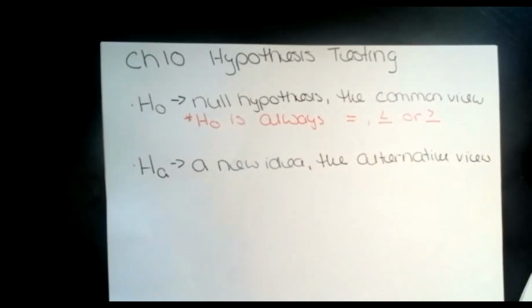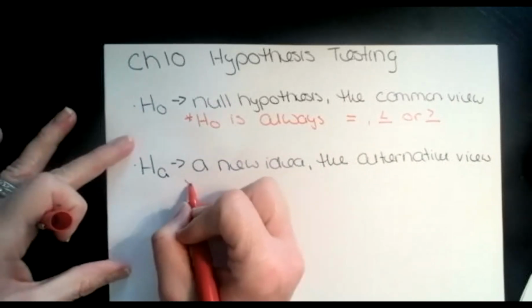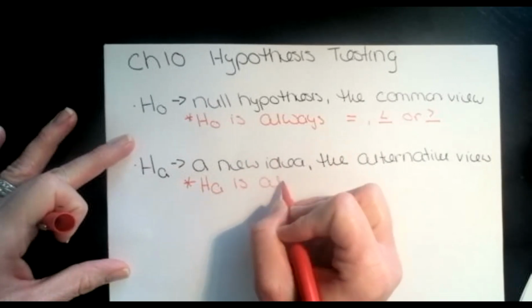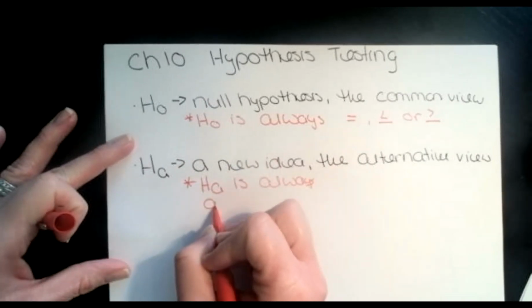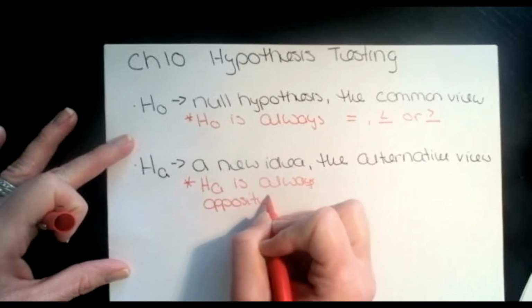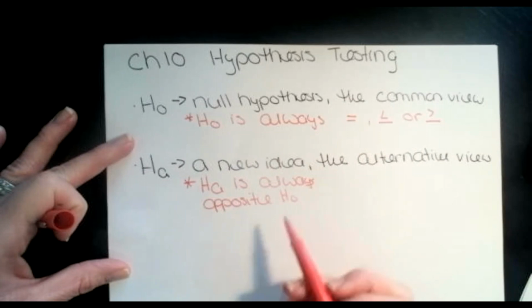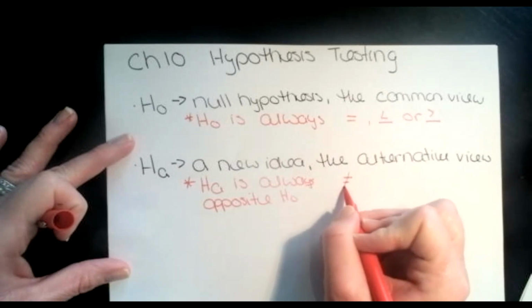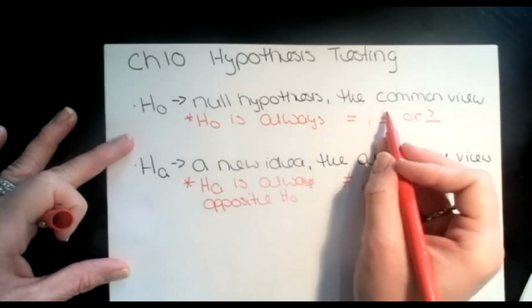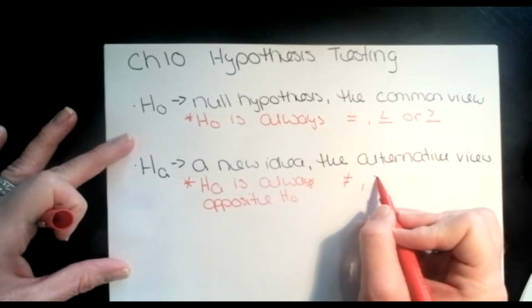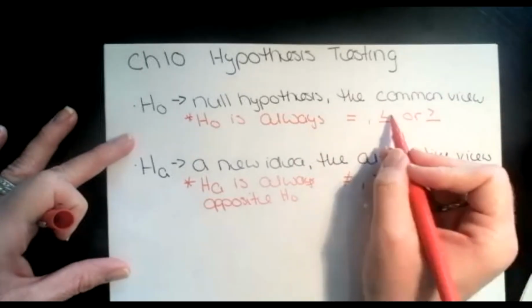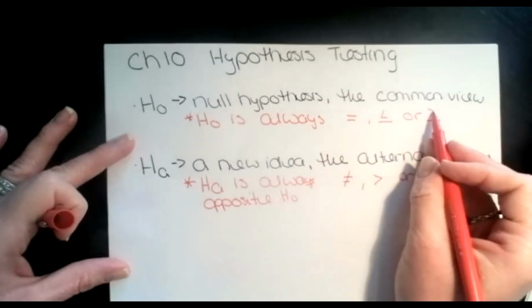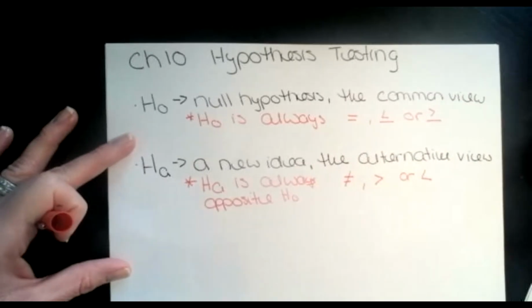And my HA is always opposite of H naught. So these two are always opposite one another. If I have an equals in my null, I have a not equals in my HA. If I have a less than or equal to in my null, then I have a greater than in my HA. Or if I have the greater than or equal to, then I have the less than in my HA.